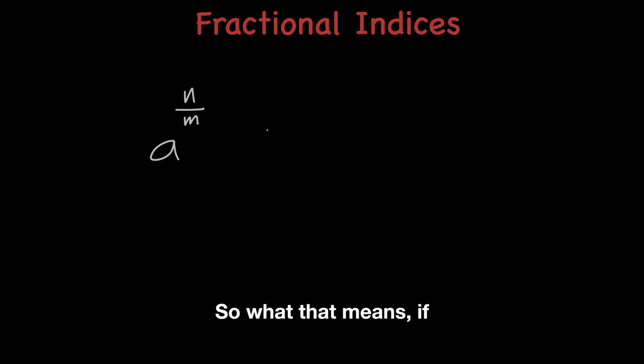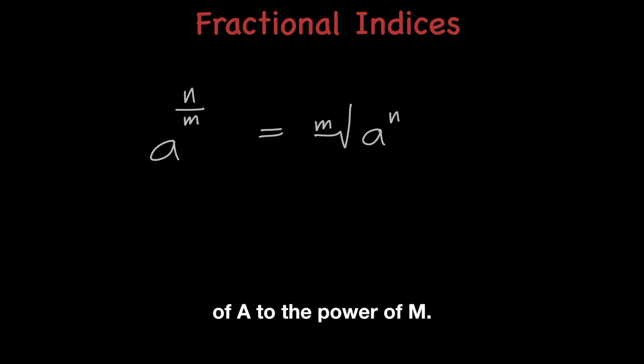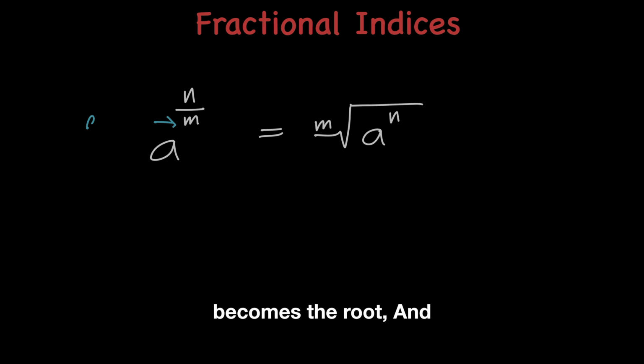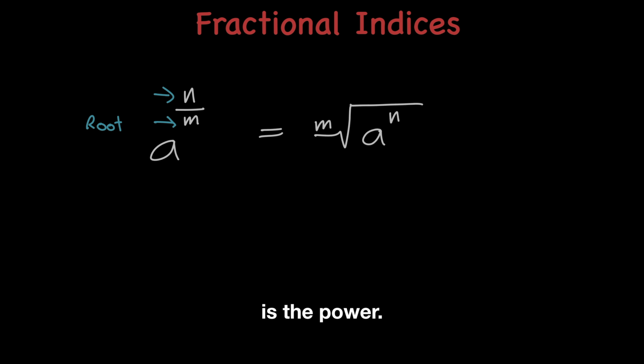So what that means, if our numerator is n, our expression becomes a to the power of n. And because our denominator is m, we are finding the mth root of a to the power of n. So whatever number is in the denominator of the fractional index becomes the root, and the number in the numerator on top is the power.